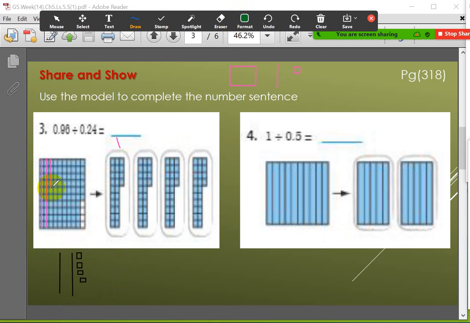Now, if I want to do it as Larissa said, count 24 small cubes. 1, 2, 3, 4, 5, 6, 7, 8, 9, 10, 11, 12, 13, 14, 15, 16, 17, 18, 19, 20, 21, 22, 23, 24. Okay, this is the second group, 24 small cubes until here.